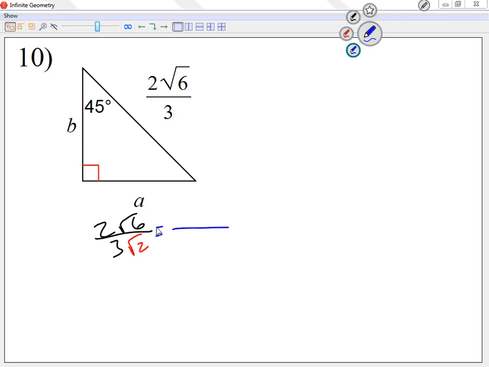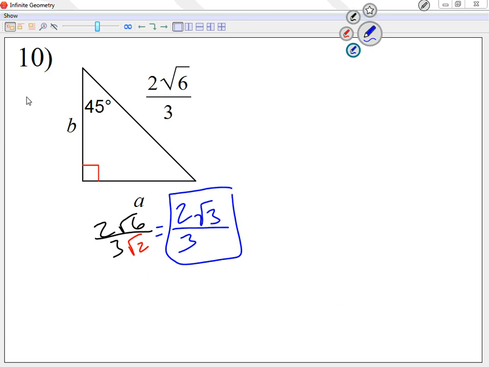When it comes to whole numbers, 2 over 3, that is just 2 over 3. Nothing to do. When we look at the radicals, radical 6 divided by radical 2, we can combine that. 6 divided by 2, I'm going to call that radical 3. I have no radicals at the bottom, so I'm good to go.